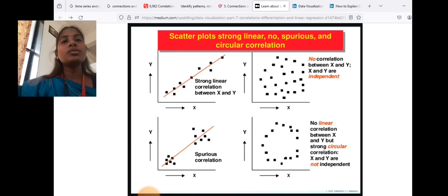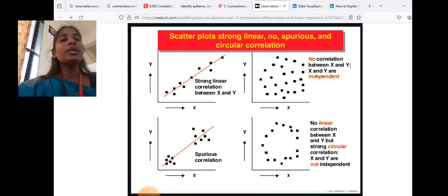This is also drawn in scatter plots: strong linear, no correlation, spurious and circular correlation. Before that we were just using one straight line. If you look at this x and y coordinate, we are plotting point values, and based on that there is a stronger linear correlation between x and y.